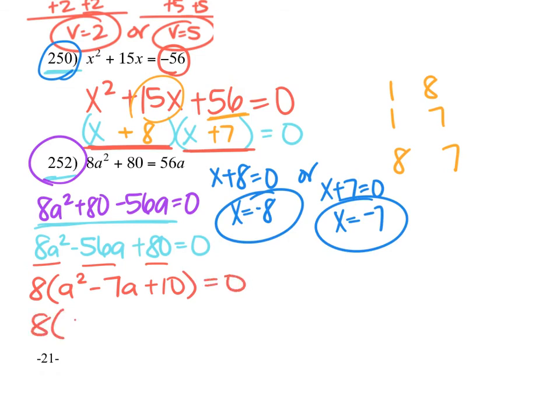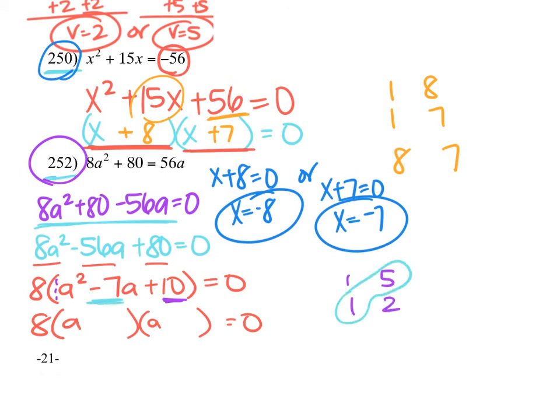So now I have a, and I can factor. And two numbers that multiply to 10, or to 1, right, because this is a 1. So 1 and 1, and two numbers that multiply to 10 is 5 and 2, and I want it to add up to negative 7.